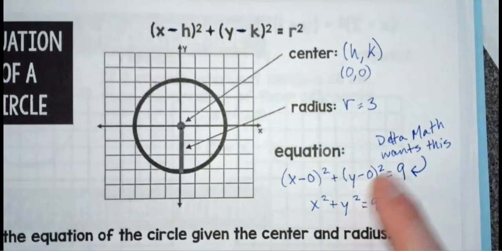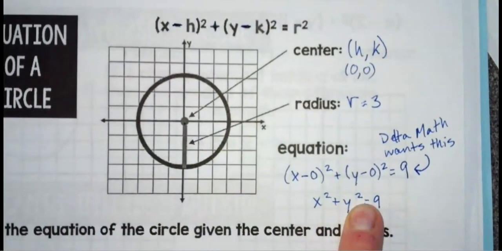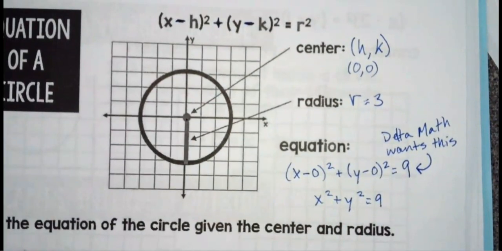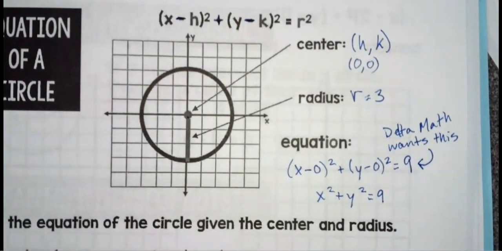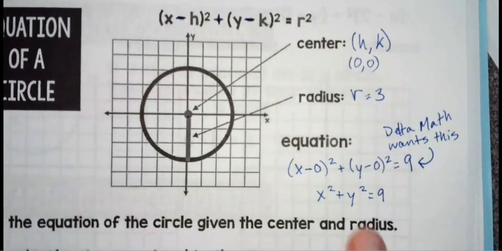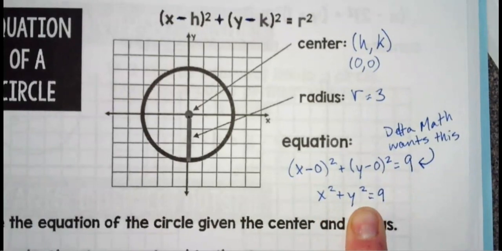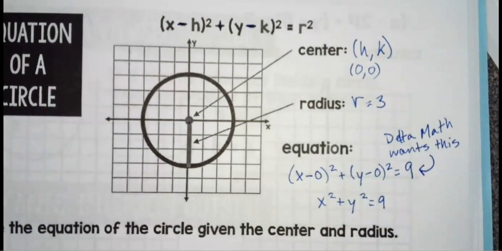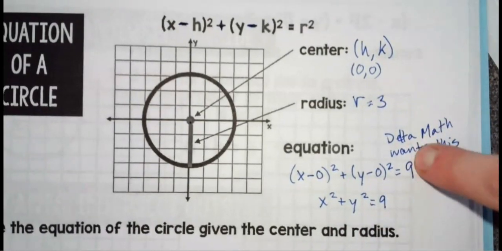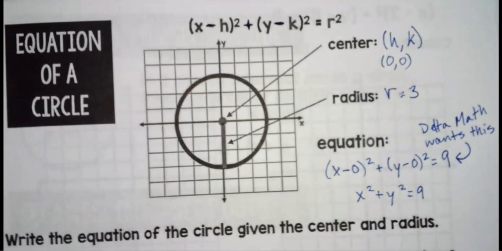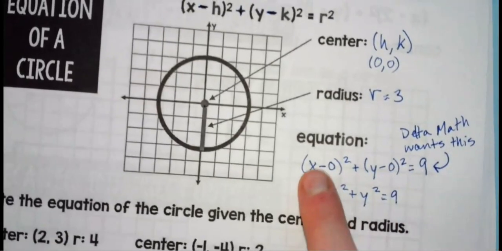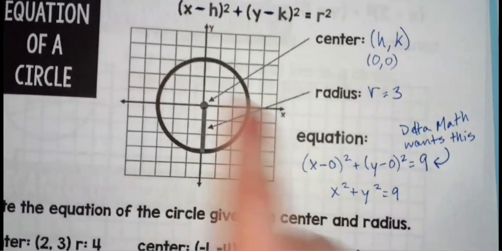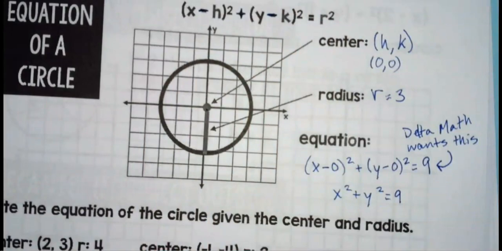I don't know why it won't accept this, because technically you should be able to get rid of the minus 0, but it doesn't let you. If you are doing a test or something, for me, you absolutely can just write this. You don't have to write that, but I will accept either answer. Delta will only accept this answer, so I wanted to specify that. And this is only when it's zeros for either the h or the k for the center.